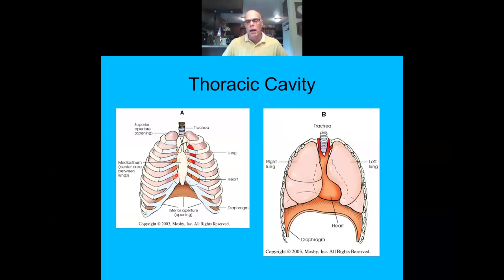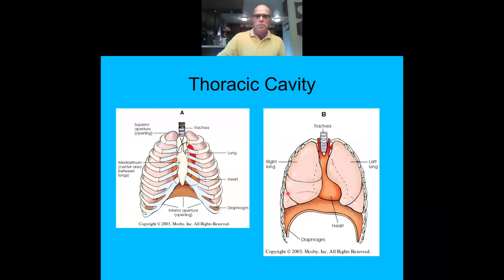I normally call it the mediastinum. I've heard both words being used. The space between the 2 pleural cavities contains all the thoracic structures except the lungs and the pleura themselves. Okay, and this is found on page 87 of your book.